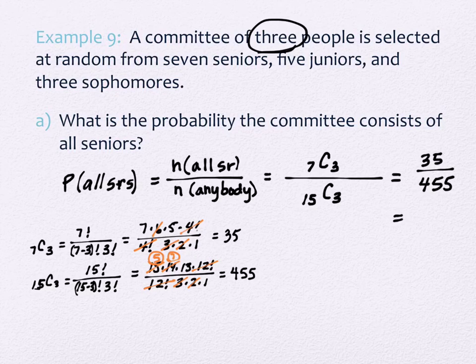I think I have a decimal written down here. So for fun, what do you have? 4 places. We're doing 4 places for all of our probabilities here. What do you get? I think 0.0769, yeah. So about a 7.5% chance, right? 7.5% chance that my committee is going to be all seniors.